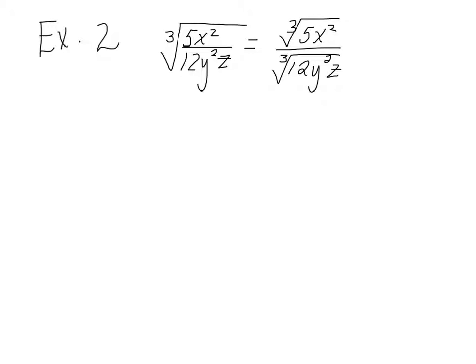And because we have a cube, that means that we would need 3 radicals in order for it to cancel. So it's different from a square root. So I'm going to show you down here.